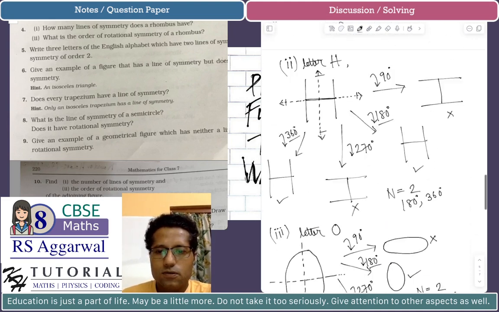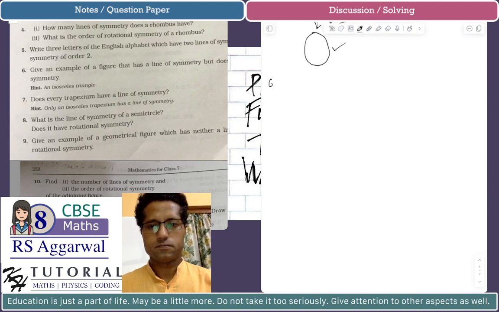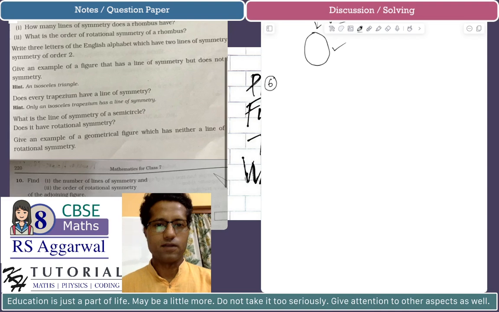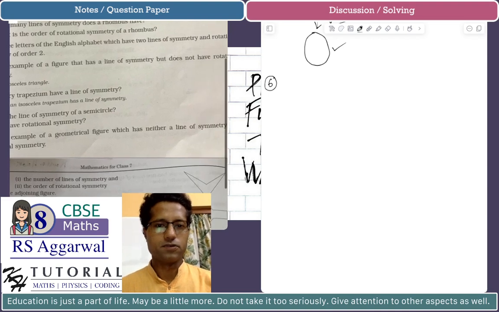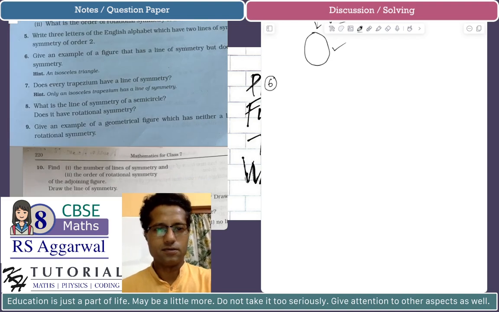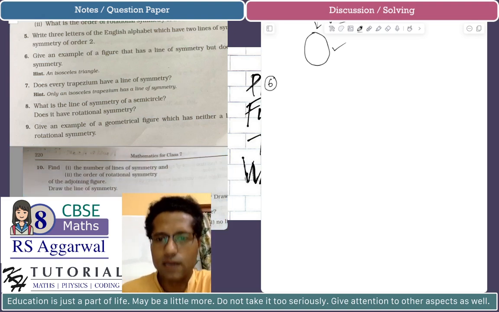Okay, let's do problem number 6. Give an example of a figure that has a line of symmetry but does not have rotational symmetry. As the hint is already given, it is an isosceles triangle.